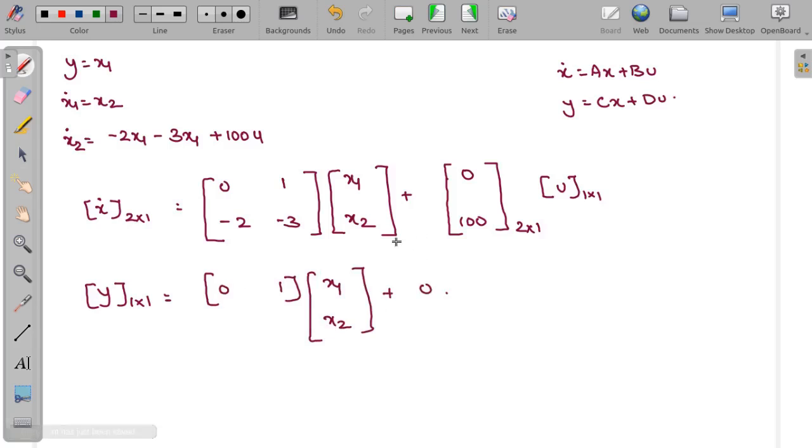Okay, so this is your complete state model for the given transfer function.